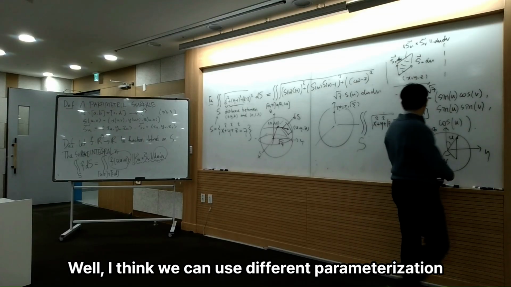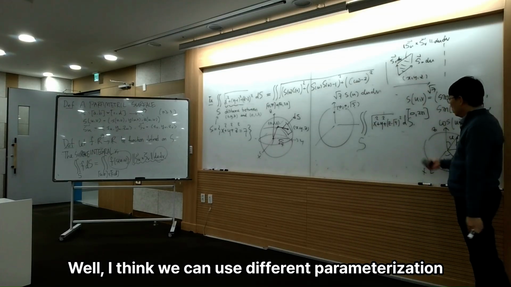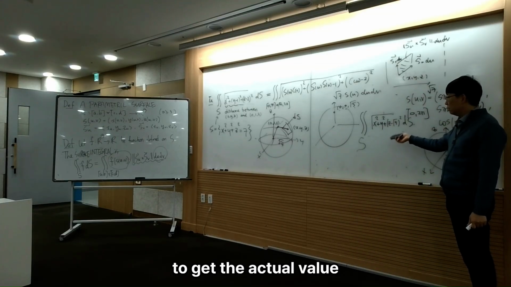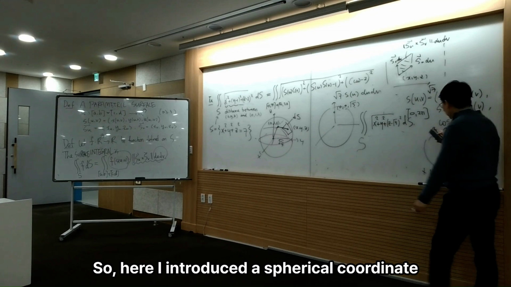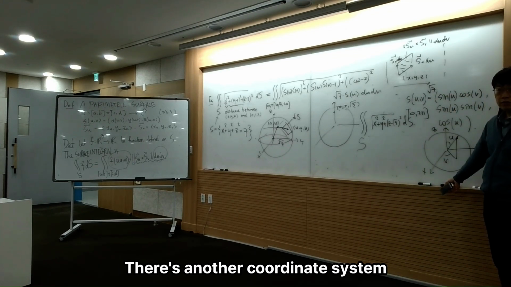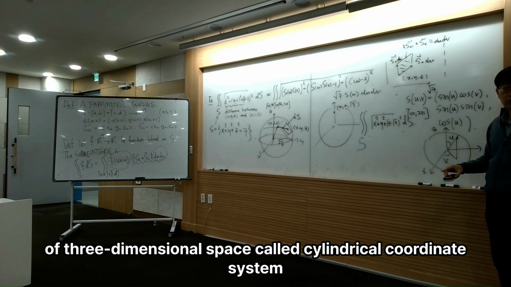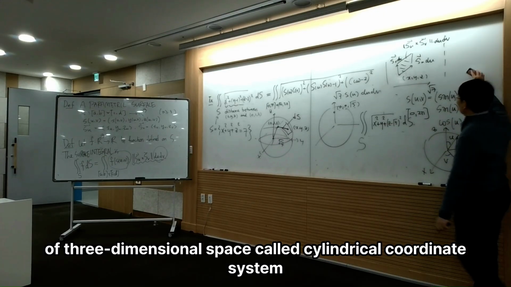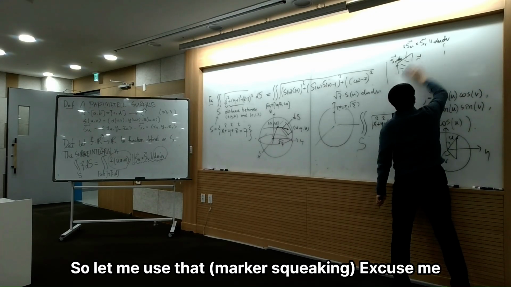So now, what's good about doing this? Well, I think we can use a different parameterization to get the actual value of this integration. Here I introduced the spherical coordinate. There's another coordinate system of three-dimensional space called the cylindrical coordinate system, so let me use that.